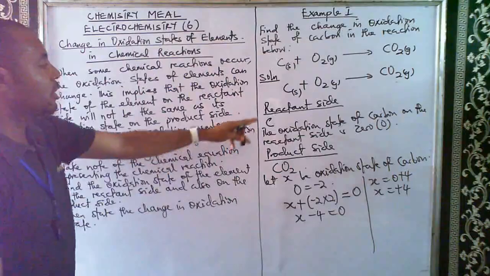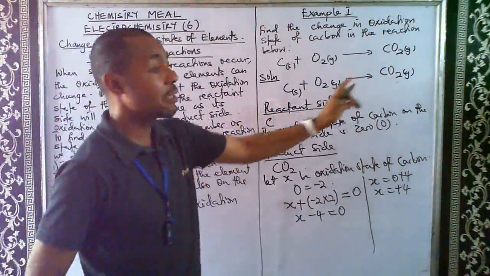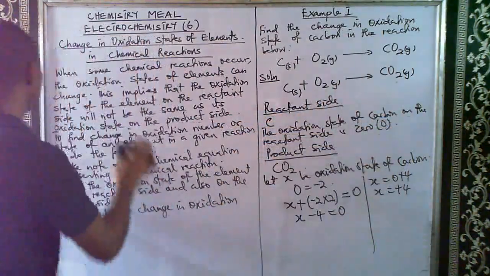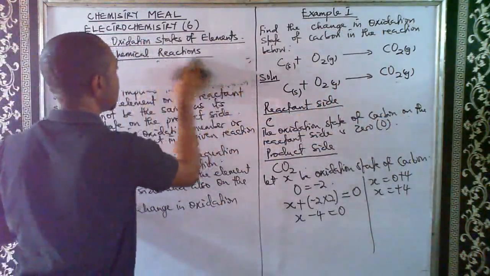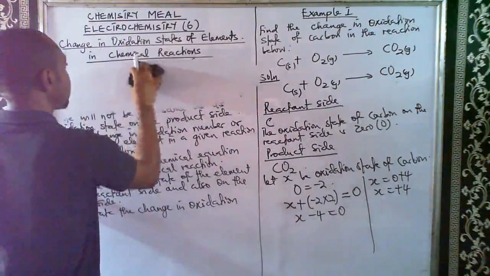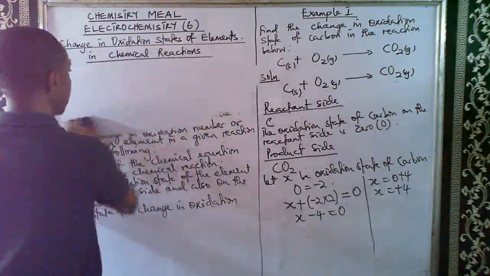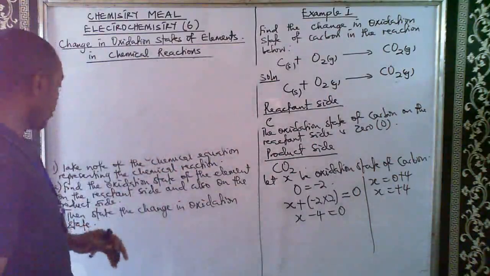So having found the oxidation state of carbon on the reactant side and also on the product side, we can comfortably state the change in oxidation state. So what is that change?